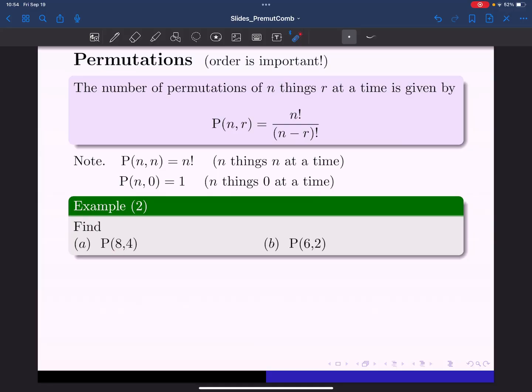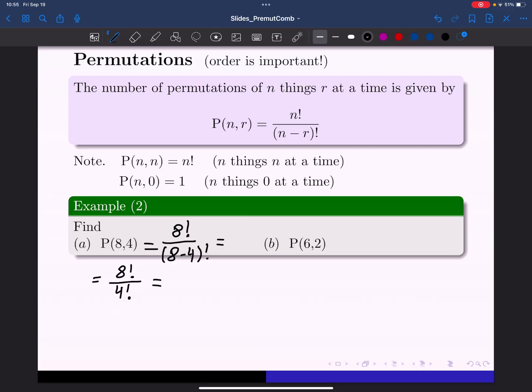So let's evaluate, find the permutation of 8 things 4 at a time. By the definition, first we have 8 factorial, divided by n minus r, so we subtract those two: 8 minus 4 factorial. So we have 8 factorial over 4 factorial.